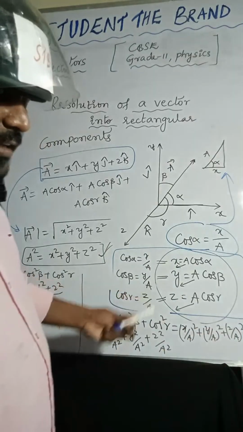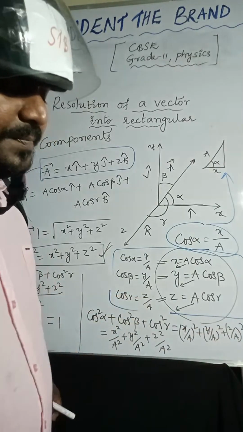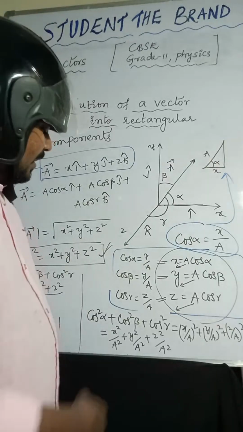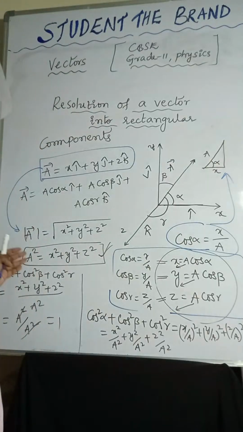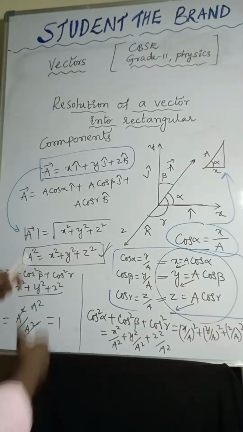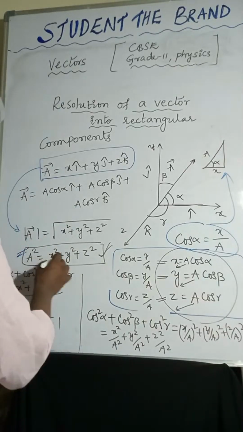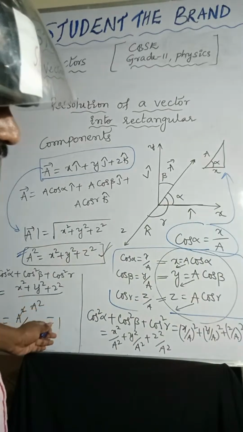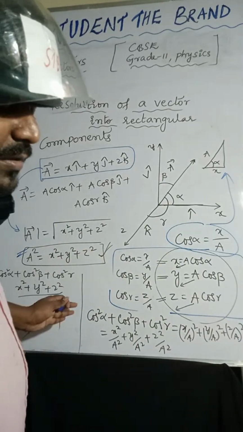Then if you are squaring on both sides, cos square alpha plus cos square beta plus cos square gamma equal to x square plus y square plus z square over a square. So from this one we can take a square equal to x square plus y square plus z square. A square, a square get cancelled, so the remaining value is 1.